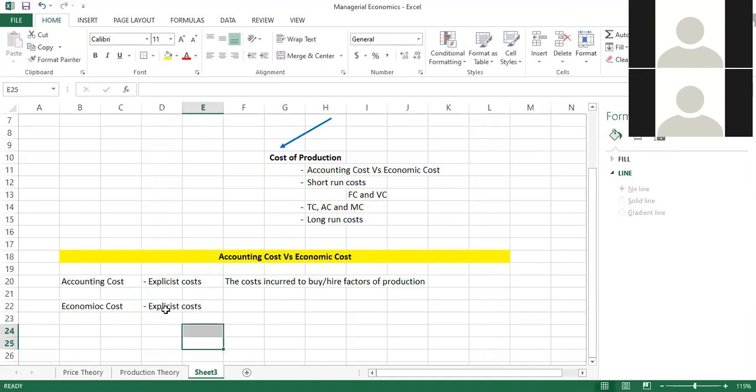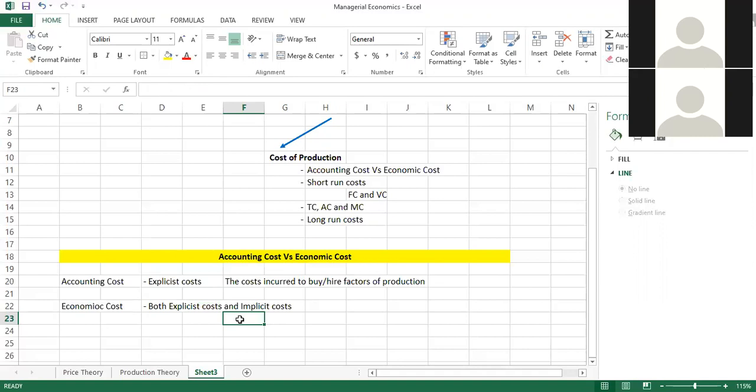Implicit cost, as you correctly mentioned, is the opportunity cost.